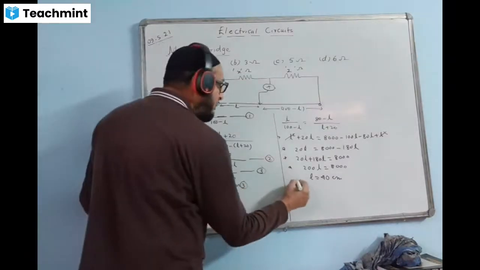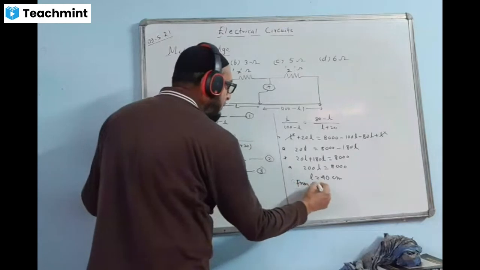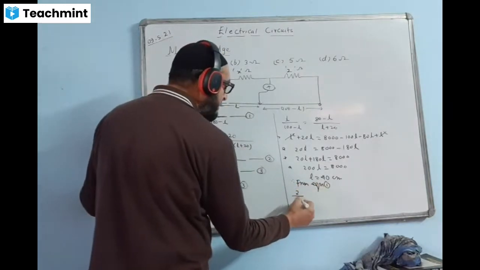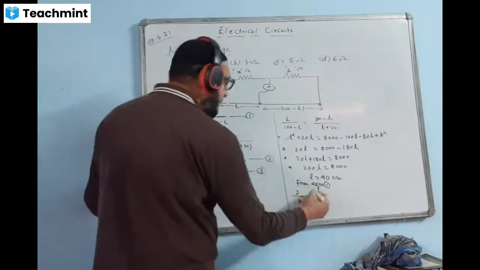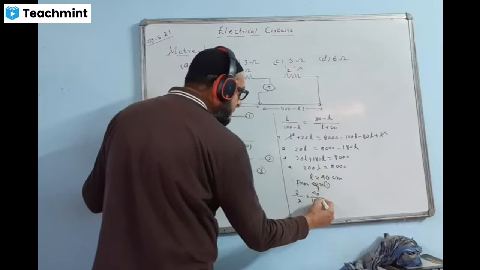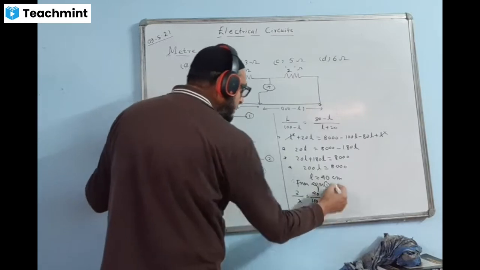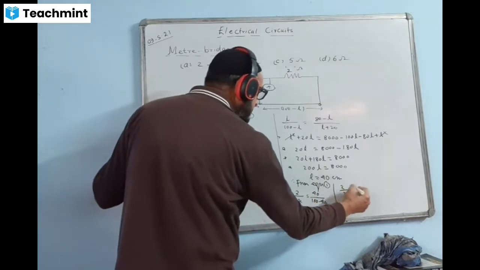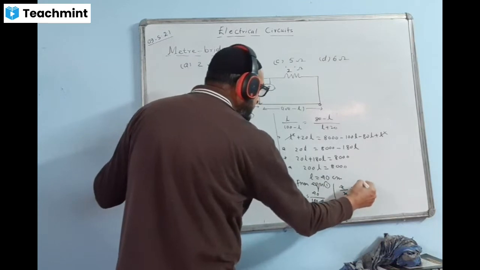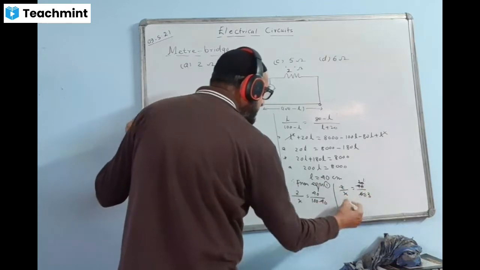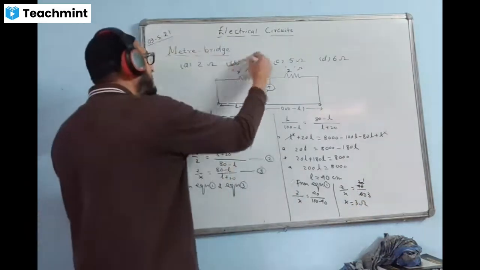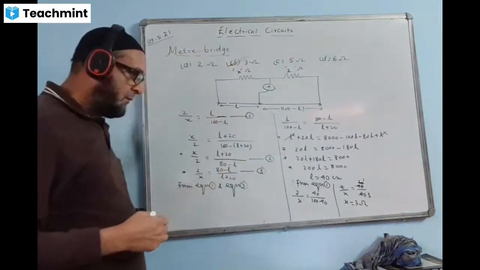From equation 1, 2 by X is equal to 40 by 100 minus 40, so 2 by X is equal to 40 by 60. Cancelling, X value is coming 3 ohm. So option B is correct. The value of X is 3 ohm.